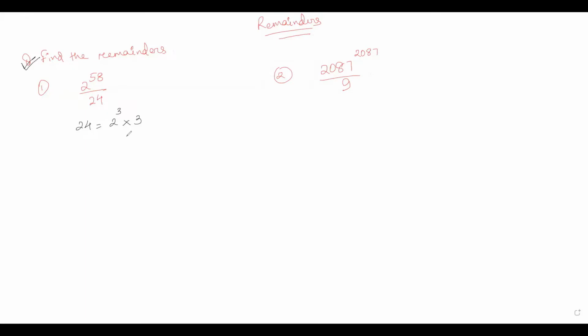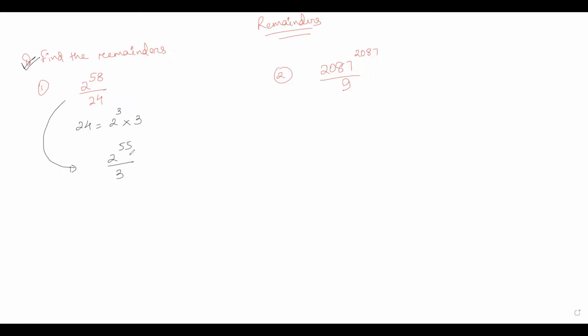So we can remove 8 from the numerator and denominator, and then we can find the remainder. And whatever the remainder we have, finally, we can multiply by 8 to get the actual remainder. So from here, we can write it as 2 raised to power 55 divided by 3 after cancelling the common factor 8 from the numerator and denominator.